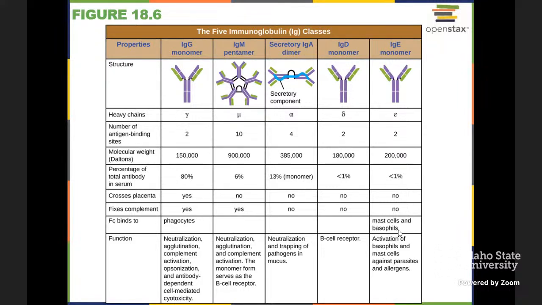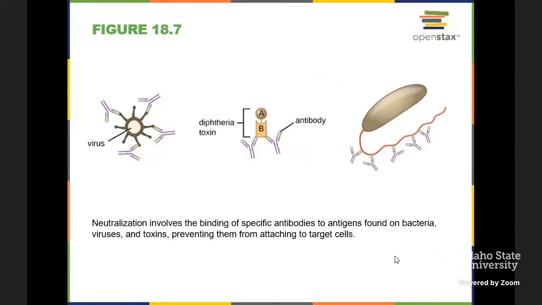I already described their issues with that, and it's important in allergic and parasitic infections. IgE is really what's stimulating a lot of this. So activating basophils and mast cells, and that in turn can help try to deal with parasitic or allergic reactions. And often it's also where you get your symptoms as you're dealing with that.